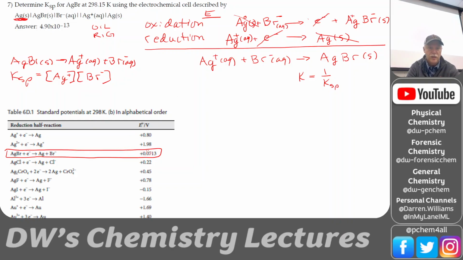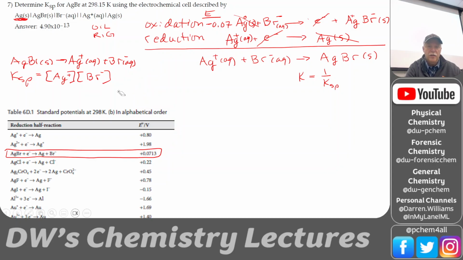So we're going to change the sign on that one. So negative 0.07. See how we change the sign on that one?